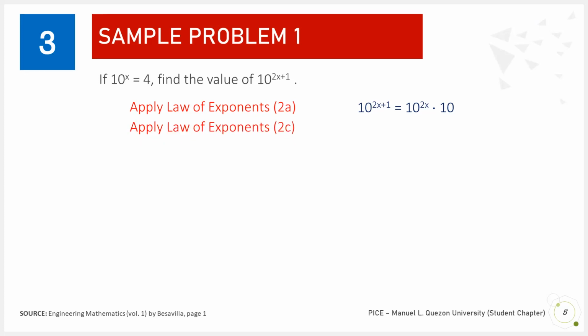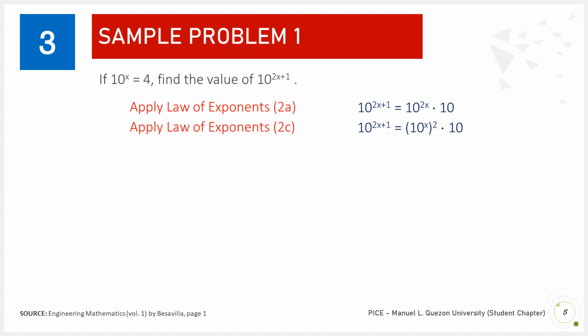And then the second step is we apply the law of exponents 2c. So what is 2c? From the first step, we have 10 raised to 2x. And we can separate the numerical coefficient and the literal coefficient of the exponent of 10 raised to 2x. So we put a parenthesis. We made x as the inner exponent and 2 as the outer exponent. So they are separated with a parenthesis.